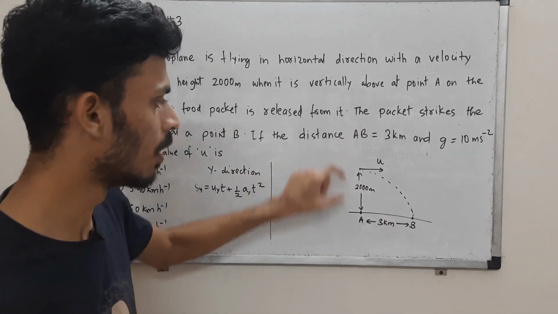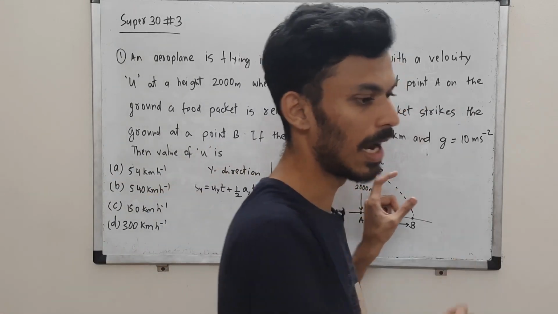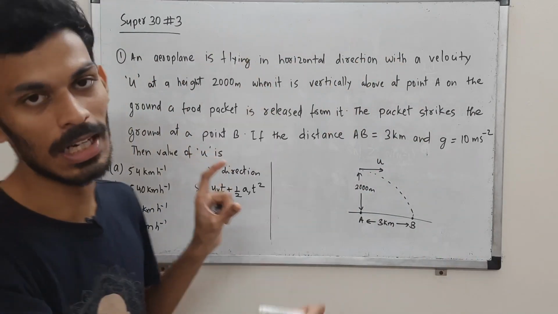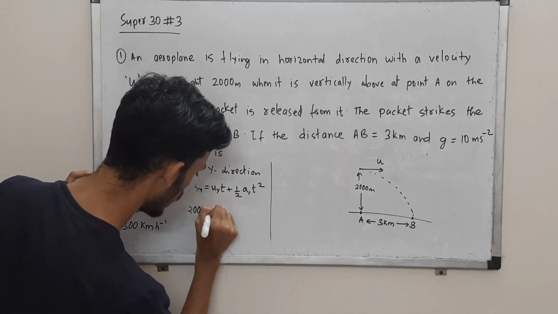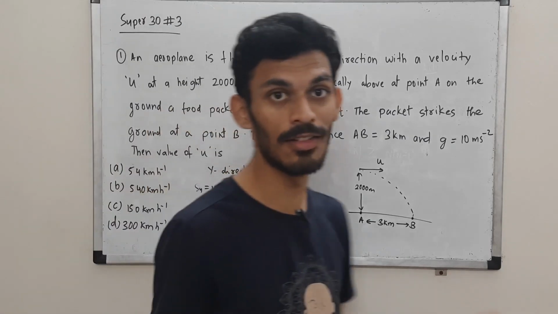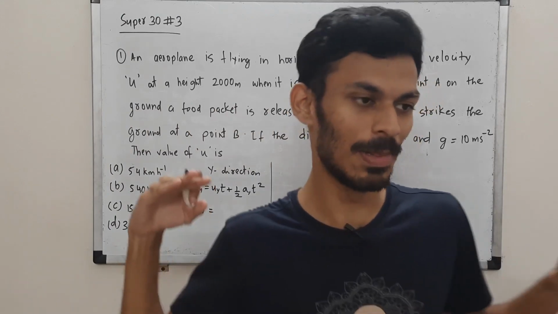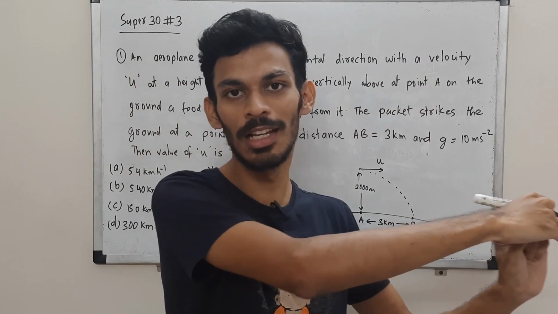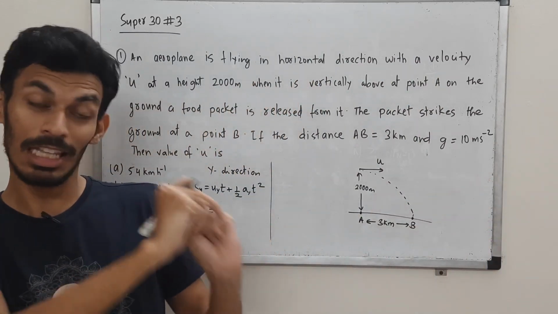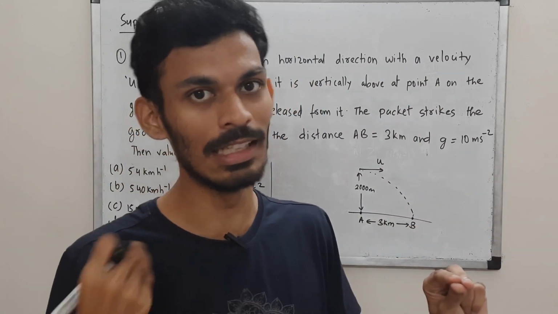We want to know what is the time taken for the packet to cover those 2000 meters in y. So here Sy is 2000, Uy, the initial velocity in the y direction, is 0, because the plane is traveling in the horizontal direction, so the packet is also traveling purely in the horizontal direction. Initial velocity in the y direction is 0.